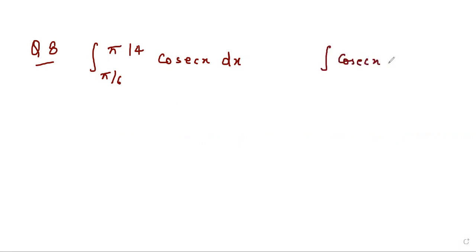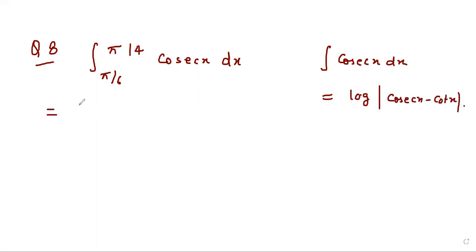Question number 8 says integration pi by 6 to pi by 4 cosec x dx. So if you remember the formula, integration cosec x dx gives log of cosec x minus cot x.